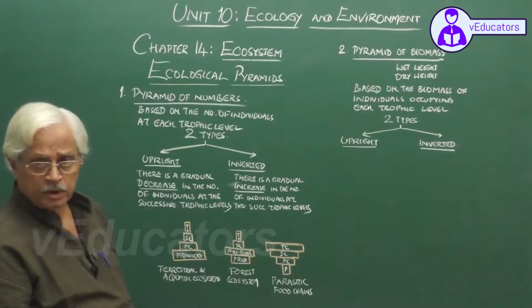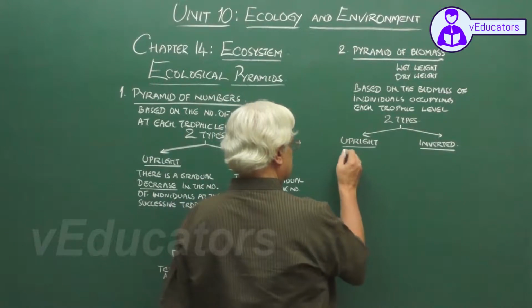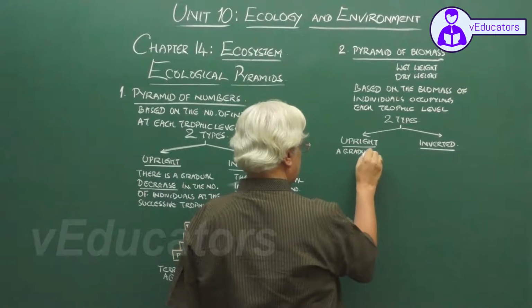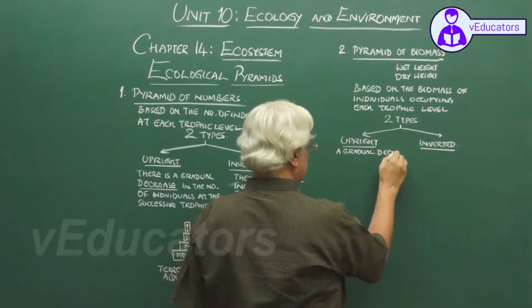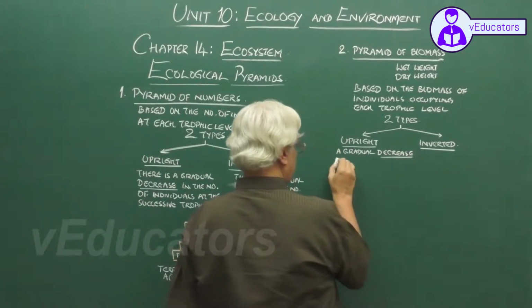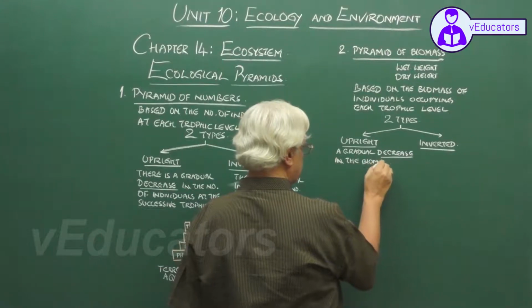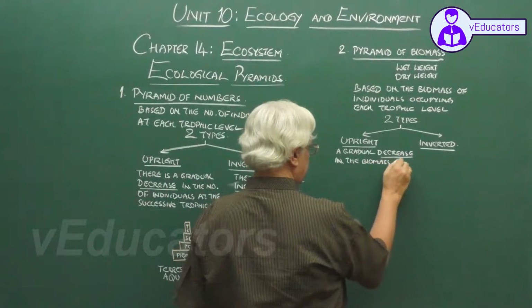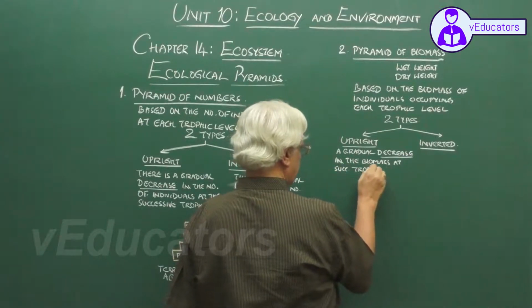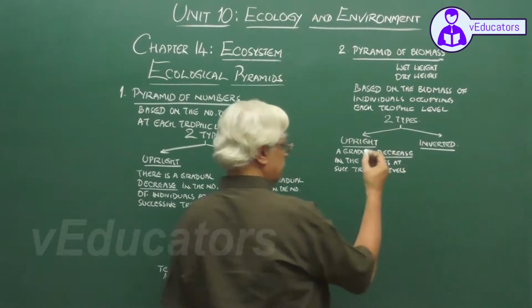An upright pyramid of biomass represents a situation where there is a gradual decrease in the biomass at successive trophic levels.